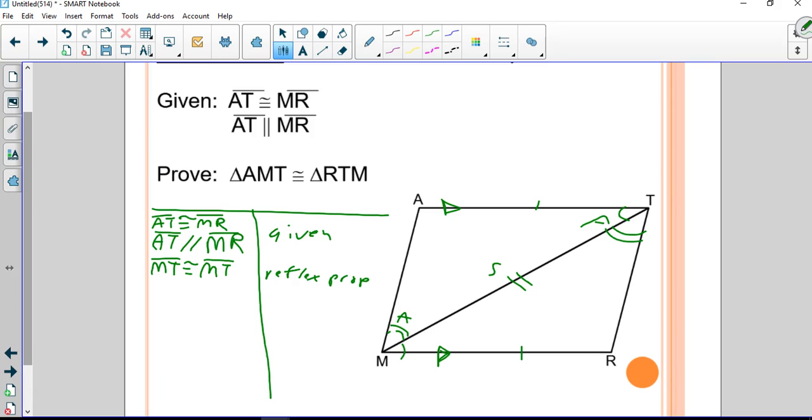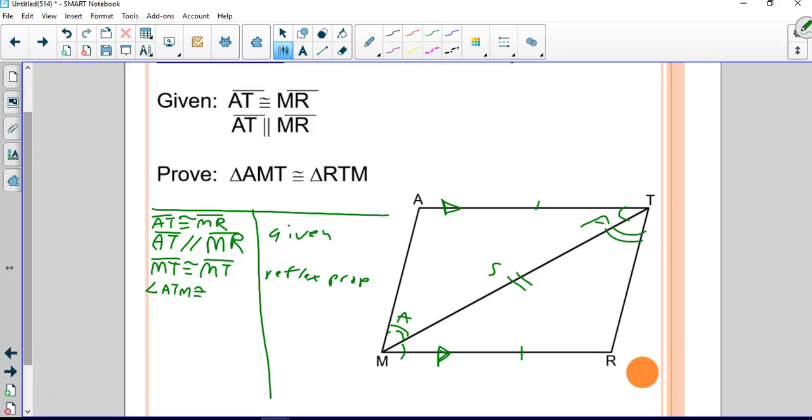And now we're going to attack the angles. We're going to say that angle CRT is congruent to angle. Now be careful. I'm sorry, not CRT. I was looking at the wrong example on my paper. I apologize. Angle ATM is congruent.